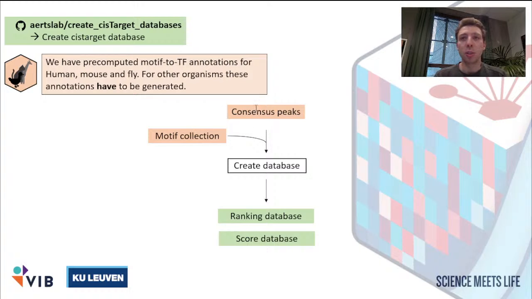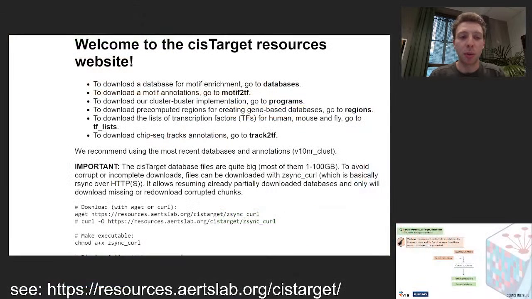I'll also quickly show you how to do this. The input for this is a set of consensus peaks and a motif collection. And the motif collection is listed on our website.